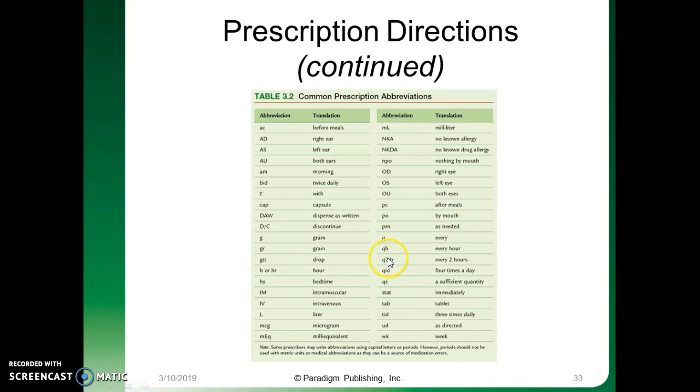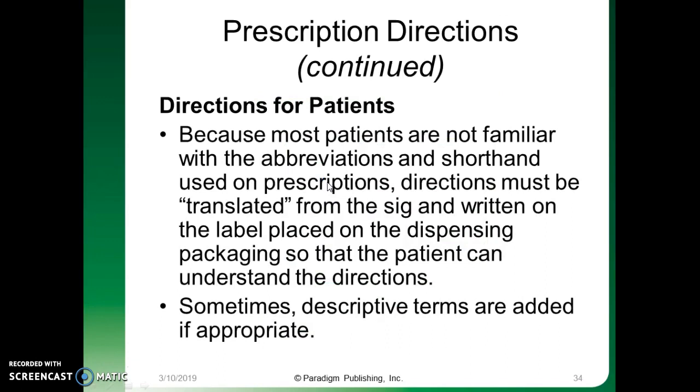Like I said here, Q2H means every 2 hours, or just QH, every hour. So OU means both eyes, OS means left eye, OD means right eye. Okay, so these are some of the common abbreviations.